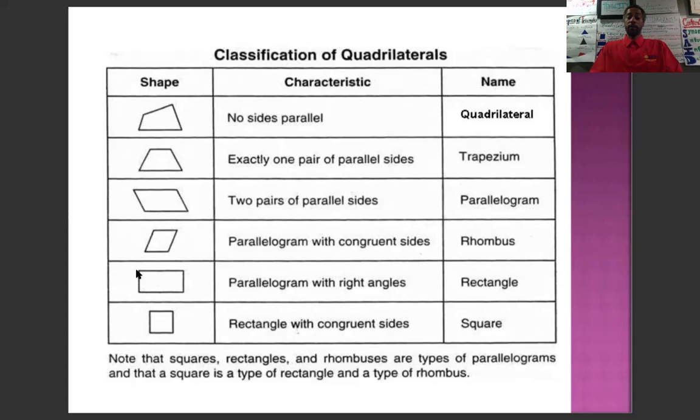So you have 2 pairs of parallel sides and 4 right angles. A square is a parallelogram, 2 pairs of parallel sides, and also has congruent sides with 4 right angles. Note that squares, rectangles, and rhombuses are types of parallelograms, and that a square is a type of rectangle and a type of rhombus.